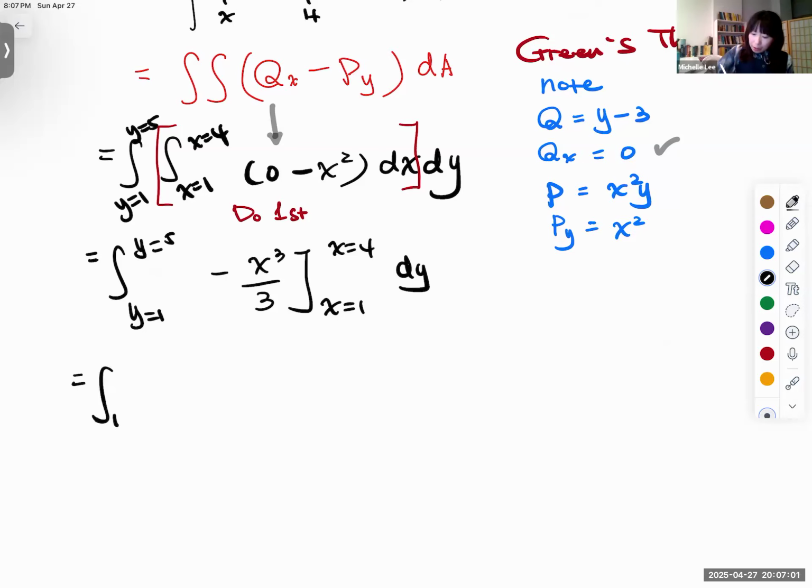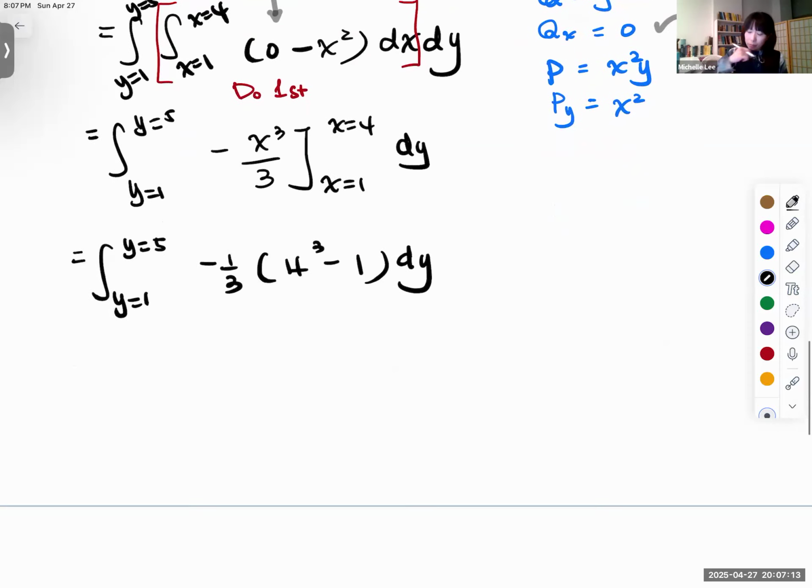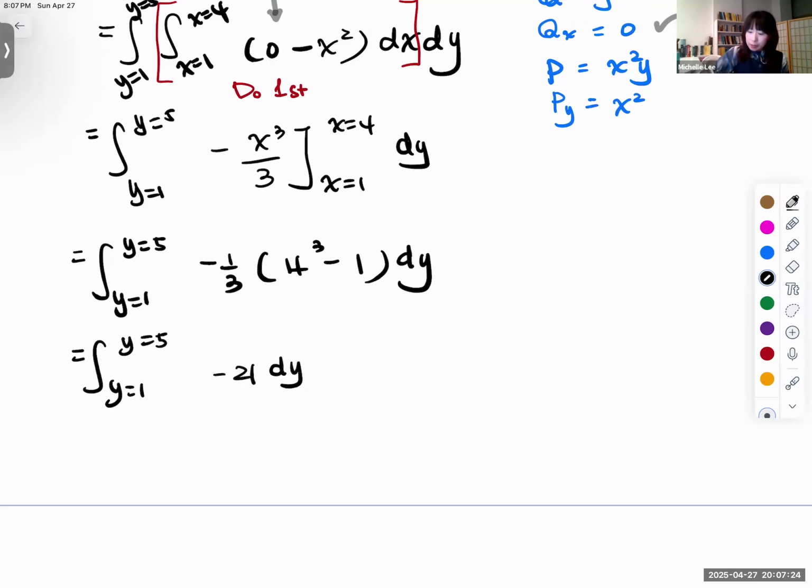So we evaluate: 4 to the third power minus 1. Can you please calculate? Yes, we have negative 21 dy.